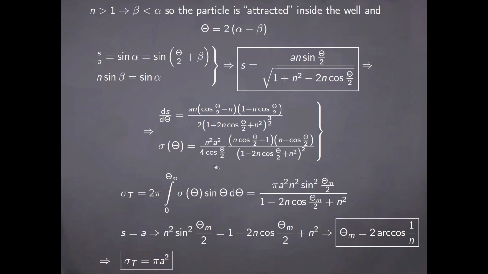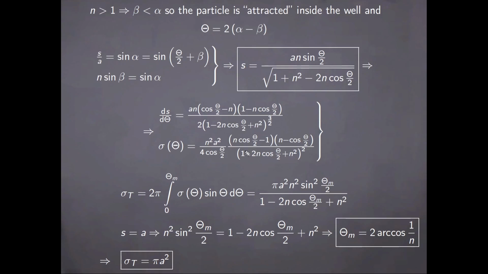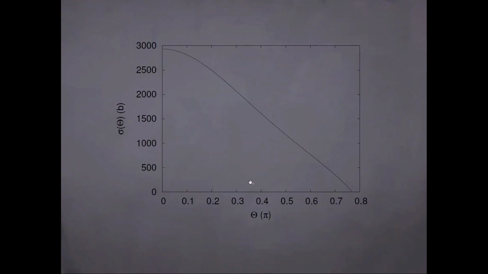And so as an illustration, the cross section here is represented, once again calculated in barns, as a function of the scattering angle measured in units of pi, and has this behavior. So there is a very large transmission at small scattering angles, and then the cross section steadily decreases until it reaches the cutoff value.